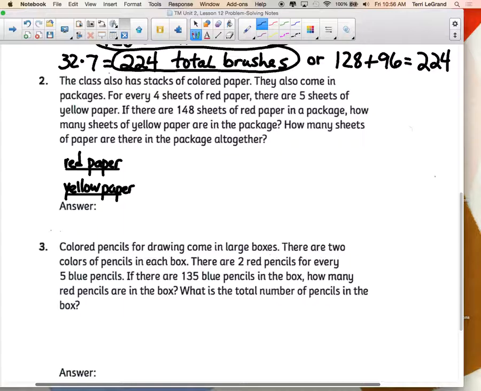Our ratio. Okay, what's our ratio? 4 to 5. 4 sheets of red paper to 5 sheets of yellow paper. Okay, that means we need how many fair shares in each strip of tape? 4. Okay, in both of them? 4 in the red paper one, and we need 5 for the yellow. Okay, make it happen.